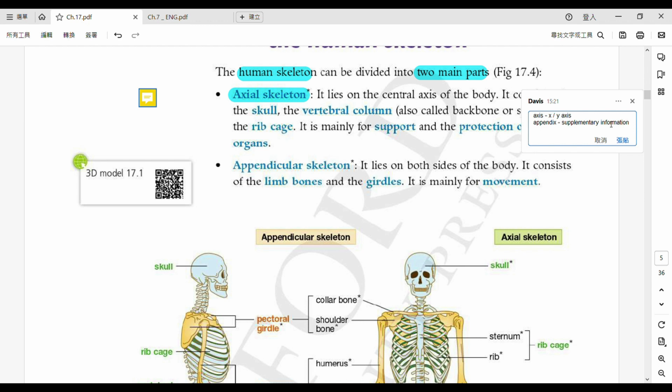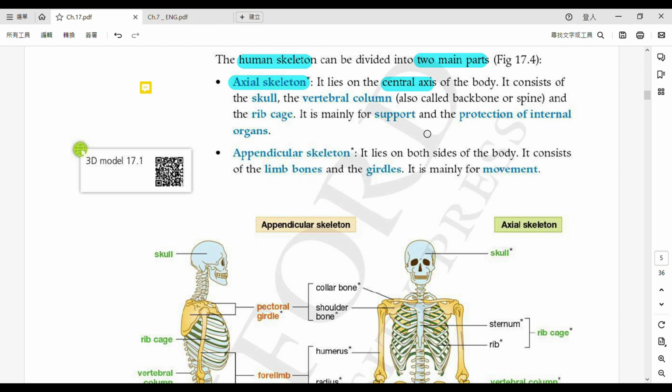And of course, is it more important or less important? 相對嚟講咧，就會係 less important 嘅 comparatively.